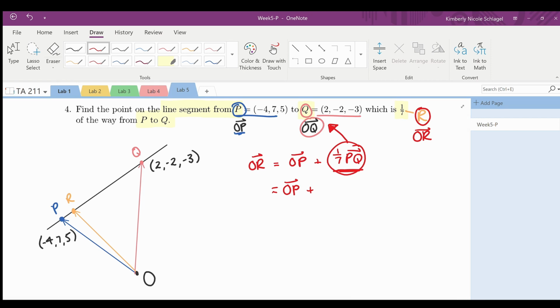So if we take OP, this vector here, and we subtract OQ, what does subtracting OQ mean? It's important to remember that these are vectors, so they have a direction.